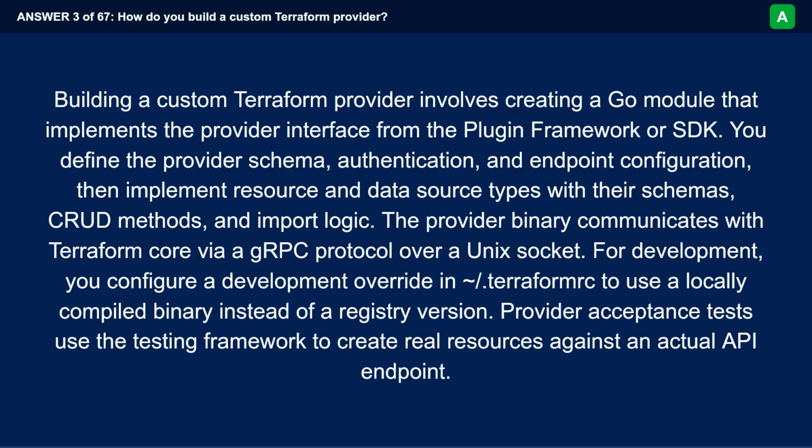The provider binary communicates with Terraform core via a gRPC protocol over a Unix socket. For development, you configure a development override in ~/.terraformrc to use a locally compiled binary instead of a registry version. Provider acceptance tests use the testing framework to create real resources against an actual API endpoint.